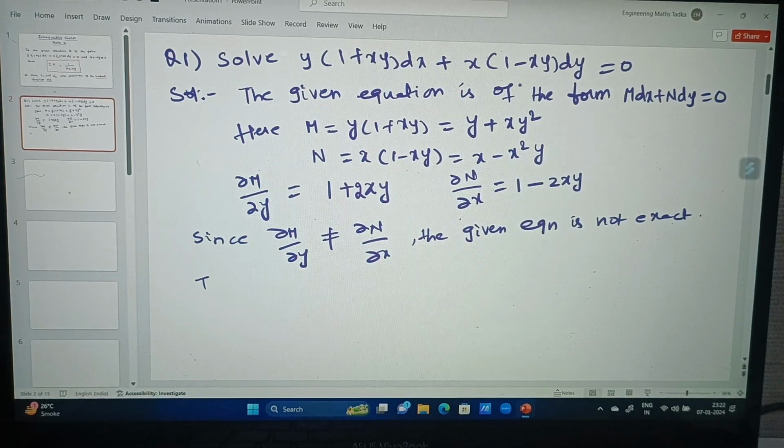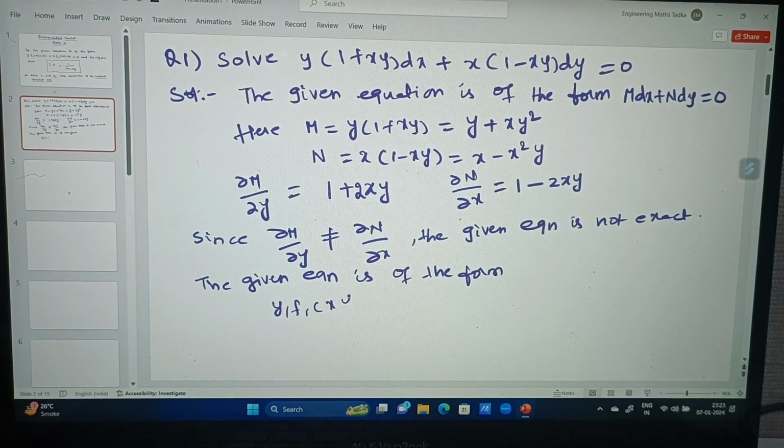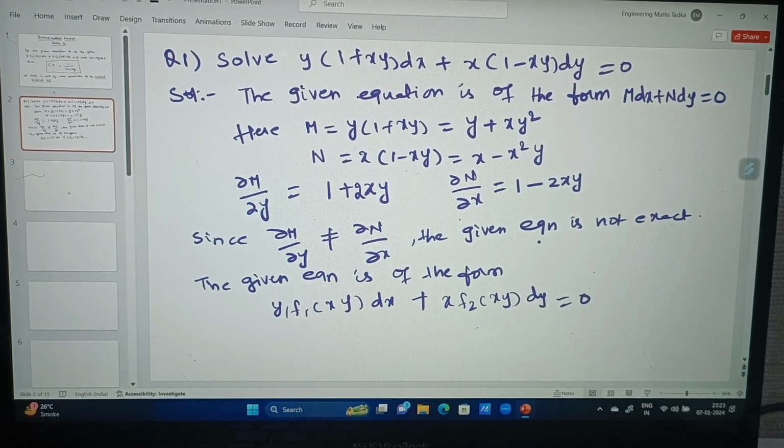In a similar way, second part अगर आप consider करोगे तो x का degree और y का degree same है. तो इसके लिए हमको नेक्स्ट स्टेप लिखना है, the given equation is of the form y into f1 of xy into dx plus x into f2 of xy into dy is equal to 0.